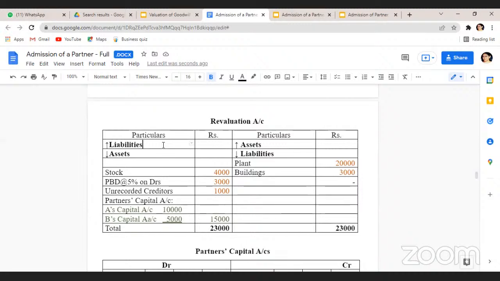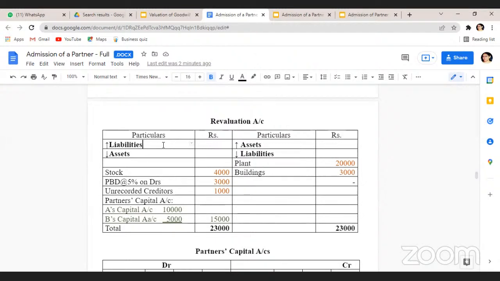If assets are decreased, that means the old value of assets is more but the new value is less, then the difference amount will be taken on the debit side of the revaluation account, as a decrease in the value of the asset.